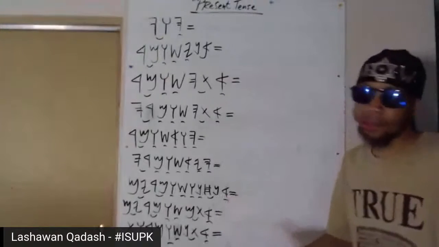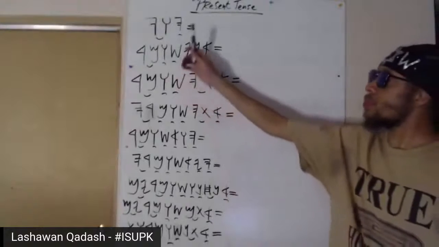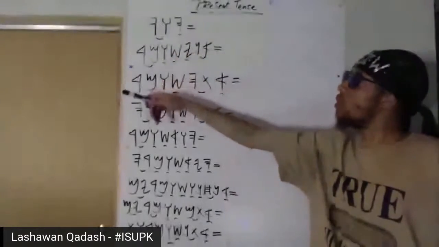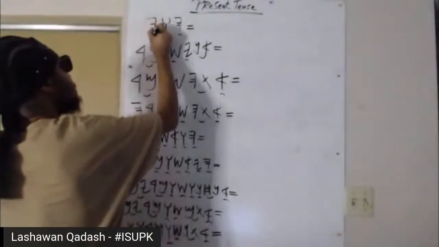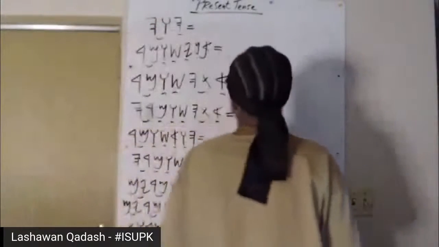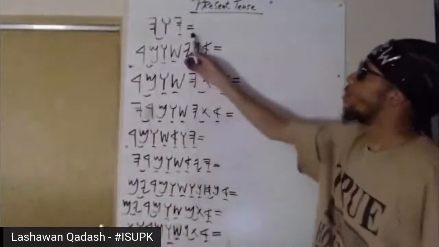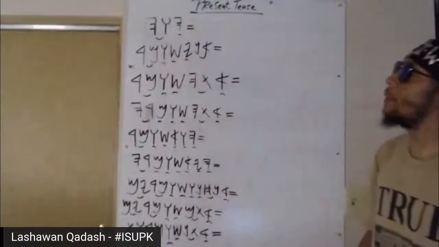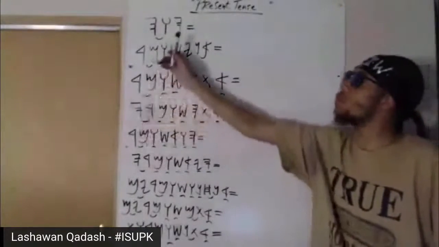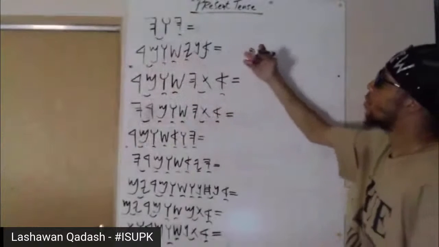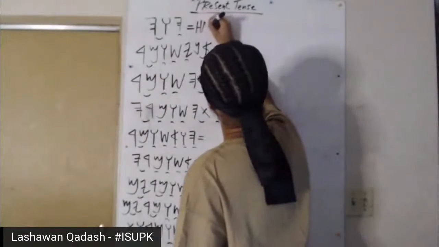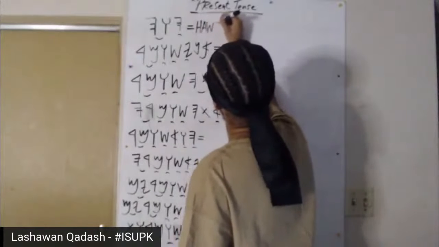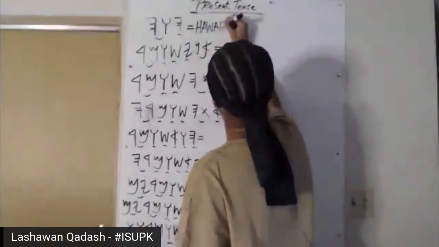All right, so we have huh, wa, and huh, and it looks like a backwards F. The huh is by itself. The wa and the huh are connected. So this is going to be Hawah.